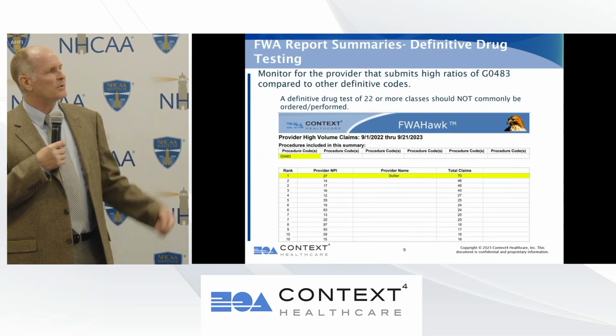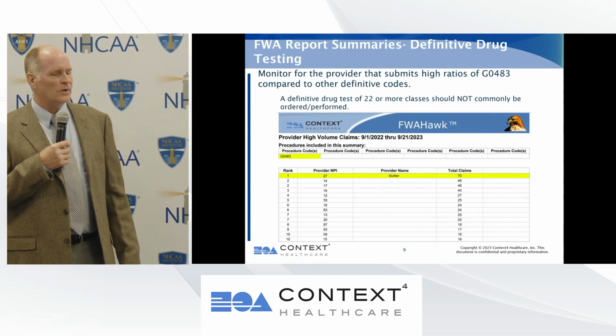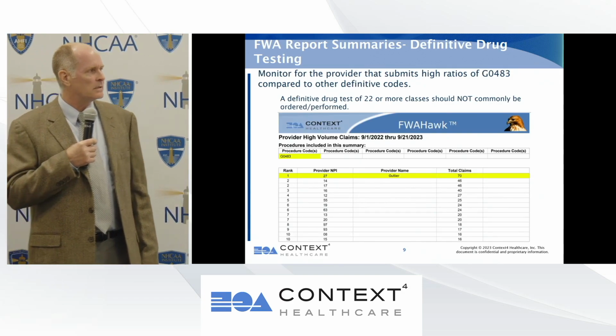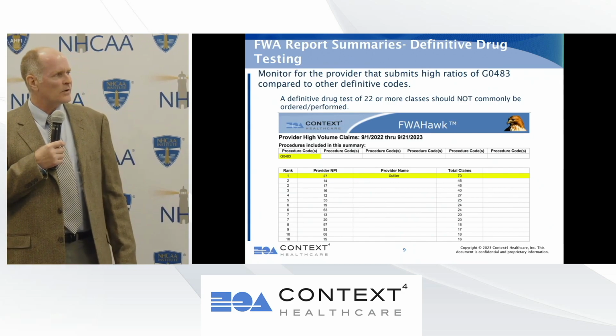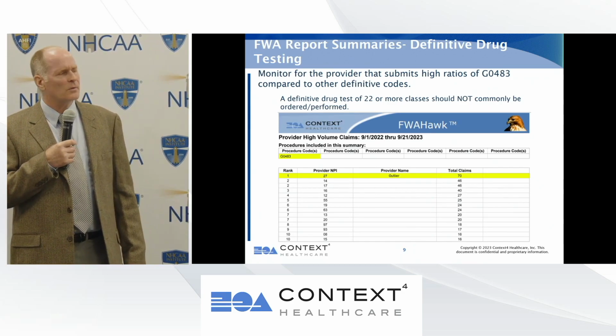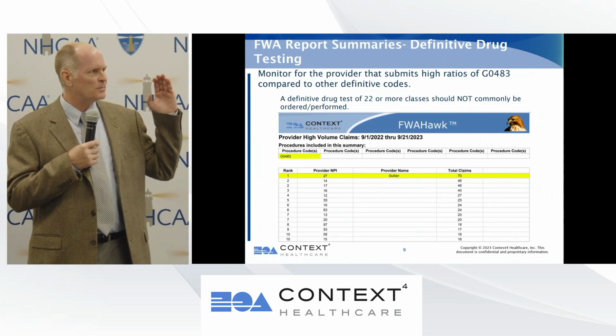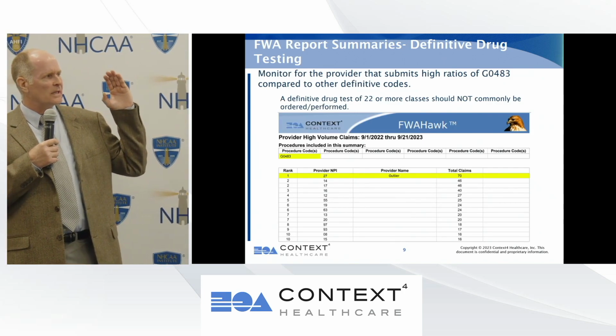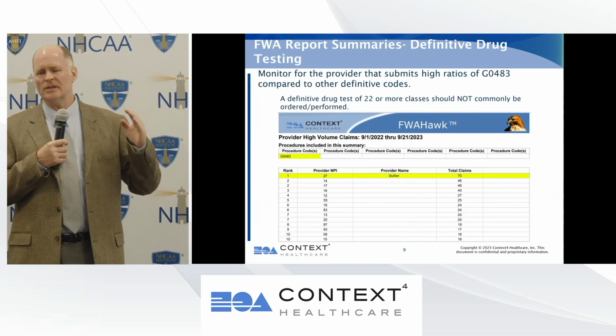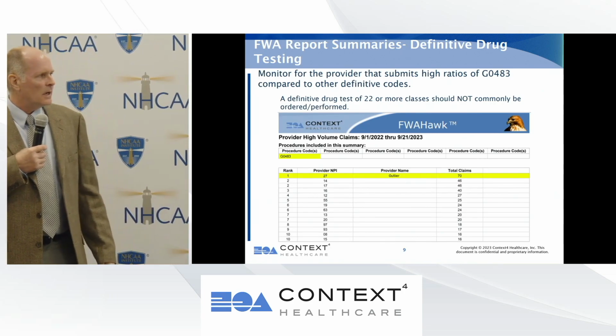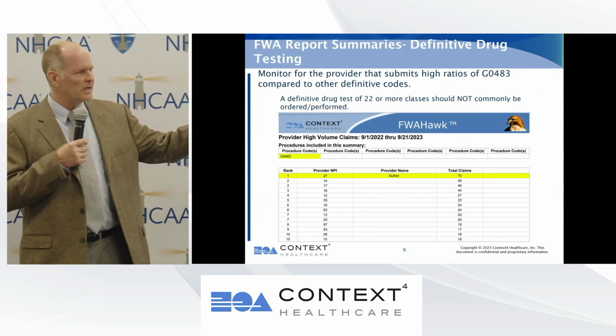We took a sample of client claims and used one of our FWA reports, our provider high volume claims report, and we focused on a year's period of time between last year September and this year September. You can see a summary of our report.